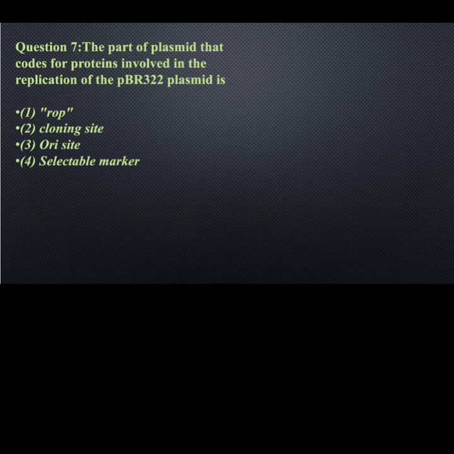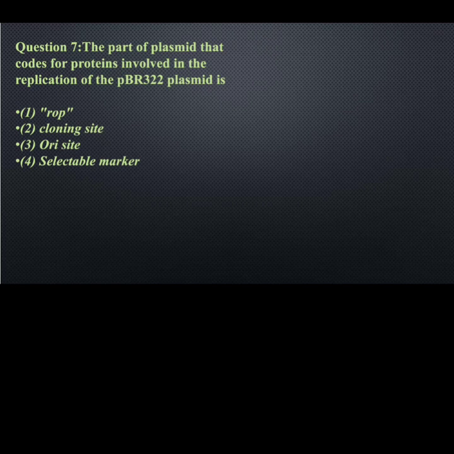Next, the part of plasmid that codes for protein involved in the replication of the pBR322 plasmid is the ROP gene. It codes for a protein that stabilizes the plasmid by controlling its copy number, aiding in replication. Next option, cloning site, is a region where foreign DNA is inserted, not involved in replication. Next, origin of replication, ORI, is a DNA where replication begins, but it does not code for proteins.